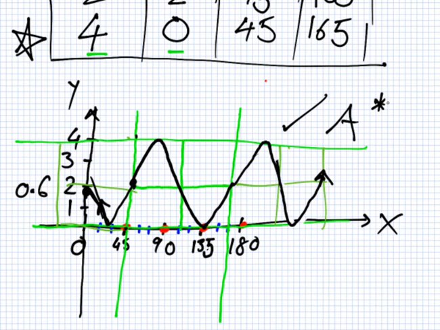Now this starts at 45, yes? So at 45 you draw a line down, and at 165, which is here, you draw a line down. So firstly we have this box in a light pencil. Is that okay so far?